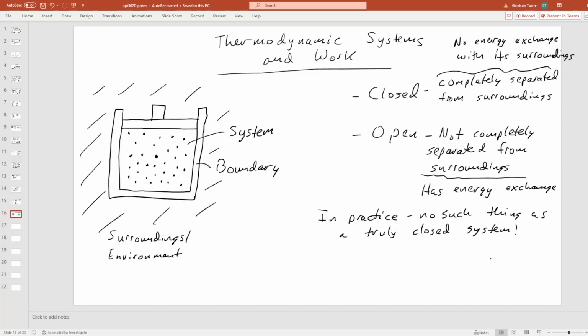But no system in practice is ever truly closed because we just can't make completely perfect seals. We can't seal off our system from the environment perfectly. But we can get reasonably good approximations, and for a lot of cases we will use the approximation with really good results.